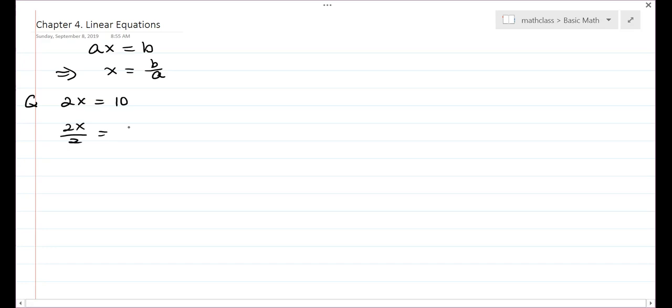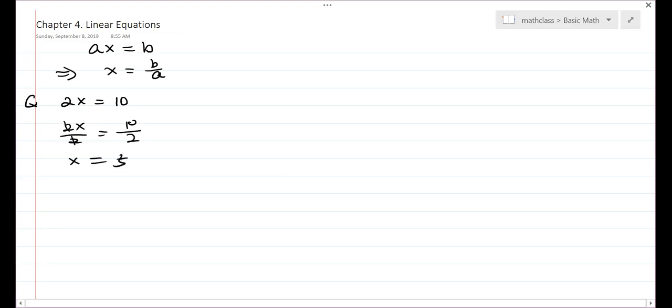Because if you divide both sides by the same number, you're not going to change the equation essentially. Then 2 cancels out, and 2 cancels out, and you get x equals 5.